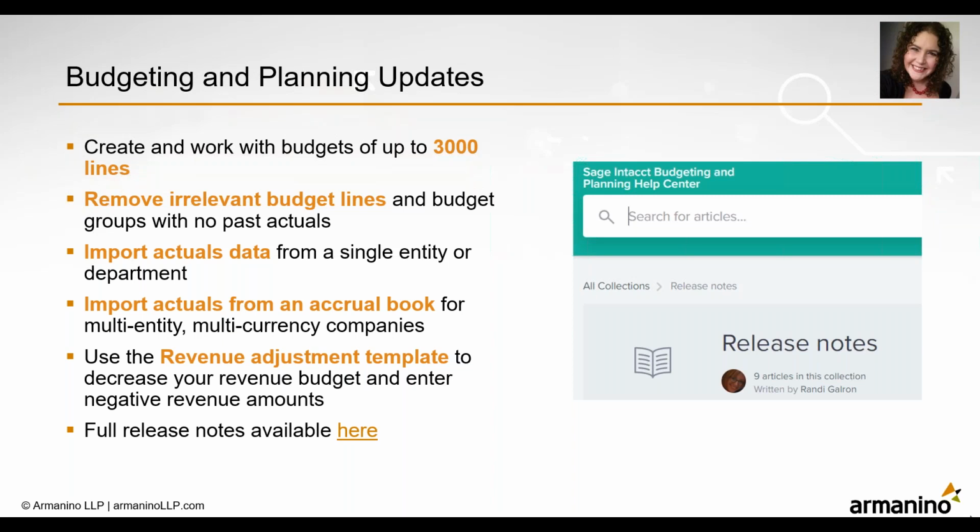One of the other nice features is that when you go to pro forma your budget or copy it over, it will automatically remove irrelevant budget lines and budget groups that had no past actuals. The system will take a look at all of your account combinations that have been booked to in the last 12 months.